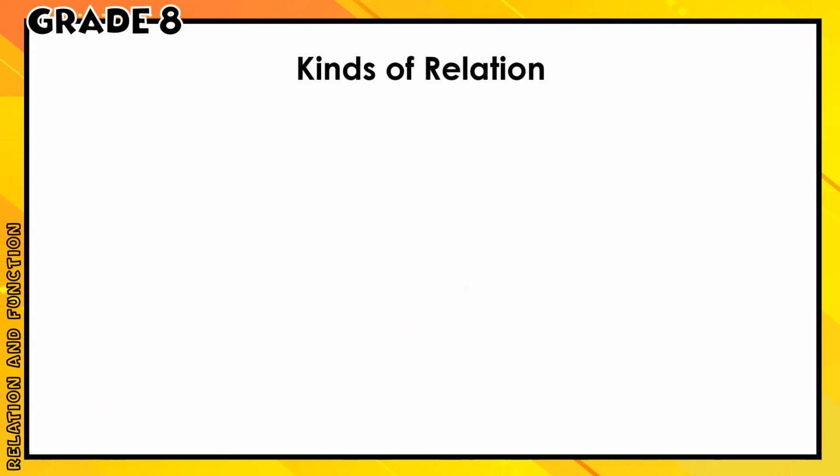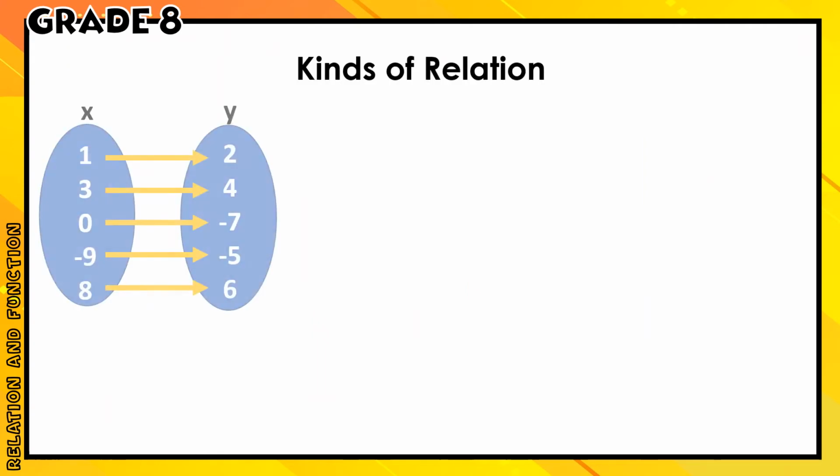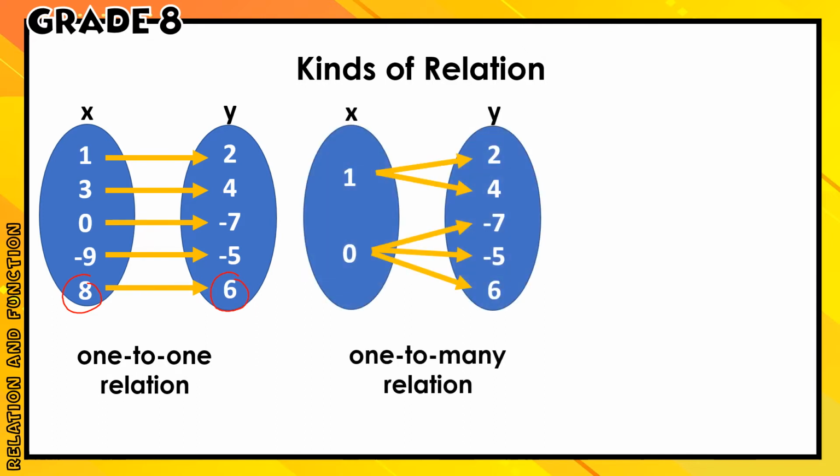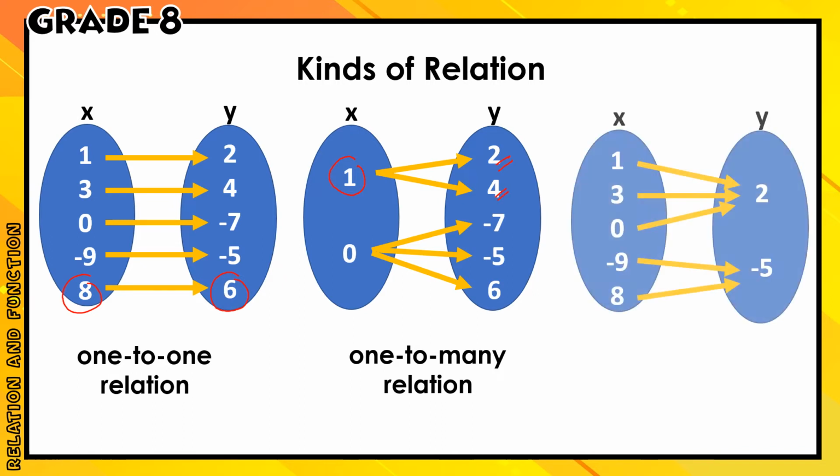We also have different kinds of relation. Based on our illustration, it is one-to-one relation. Sa madaling salita, yung isang value ng x ay nakapokus lang sa isang value ng y. Next, we have one-to-many relation. Yung isang value ng x ay nakapokus pwede sa dalawa o sa higit pang value ng y. And lastly, many-to-one relation.